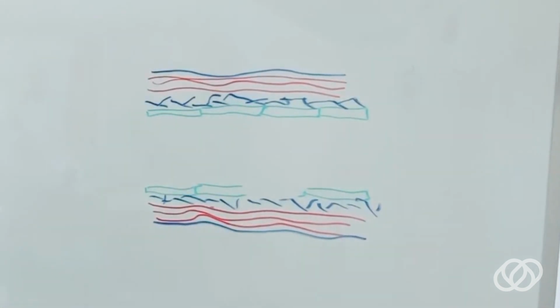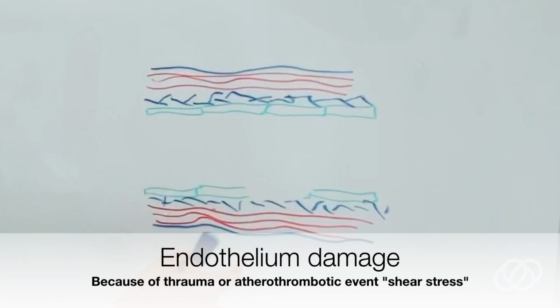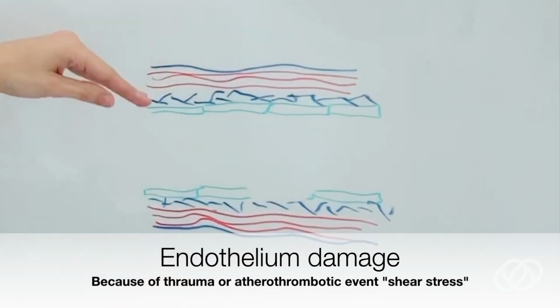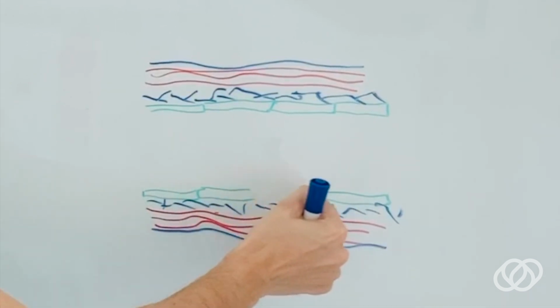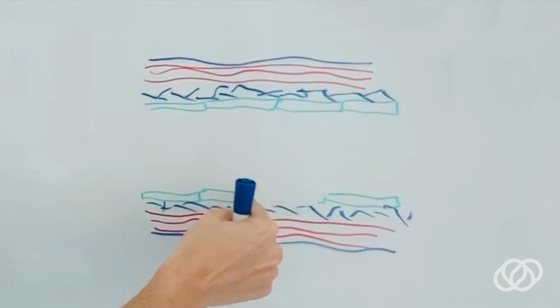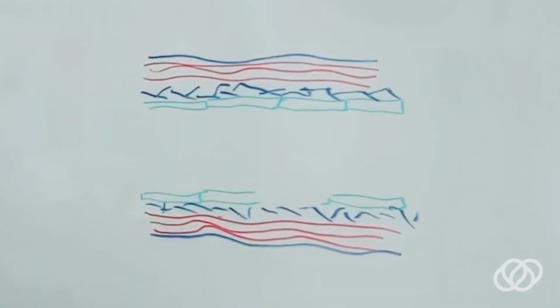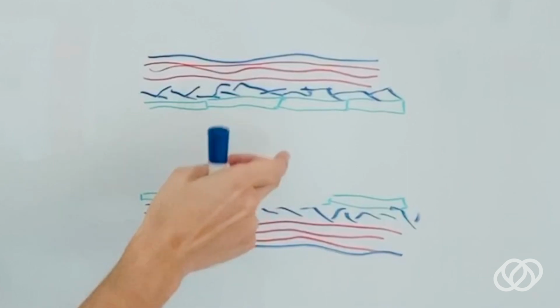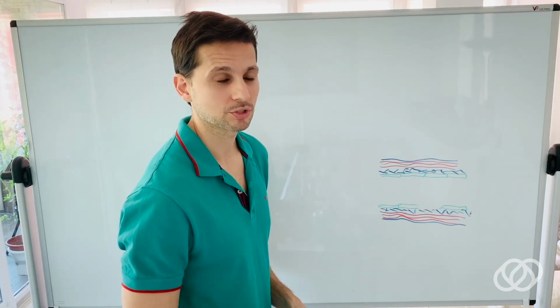I mean, if we have, for example, an atheroma plaque placed in here, and because of the shear stress in the endothelium, then this inner layer, the endothelium, breaks. So this layer of connective tissue gets in contact with blood, and then it starts the hemostasia.